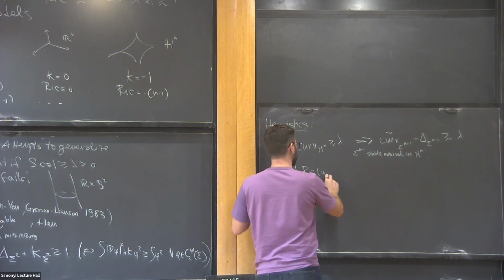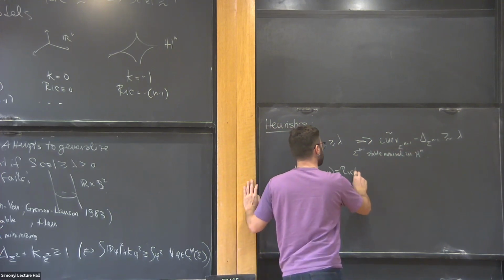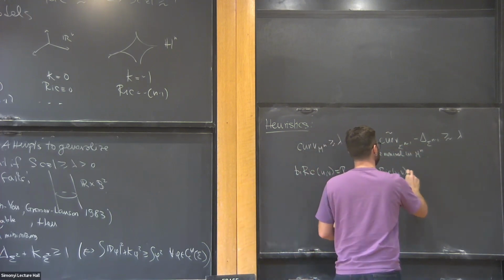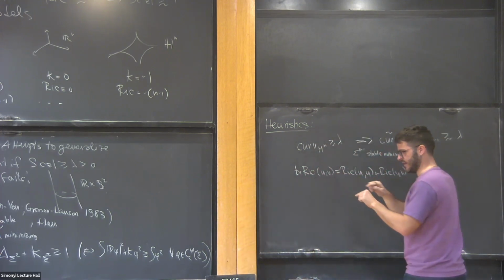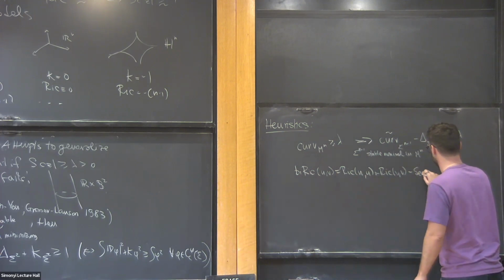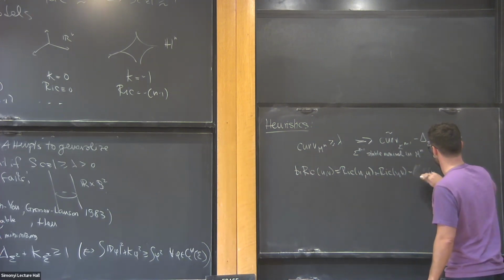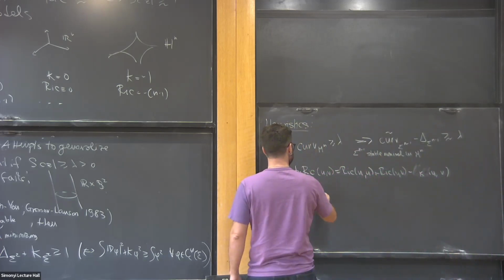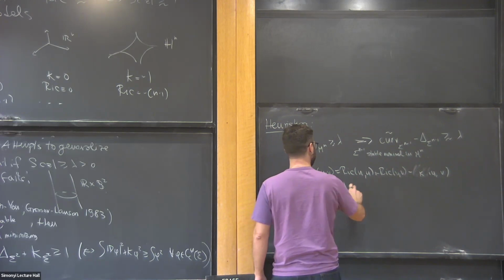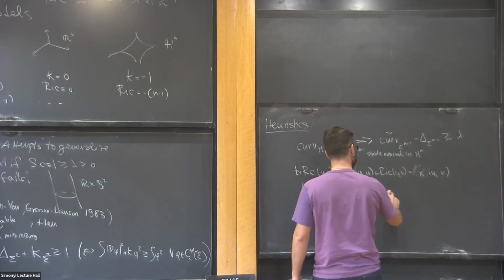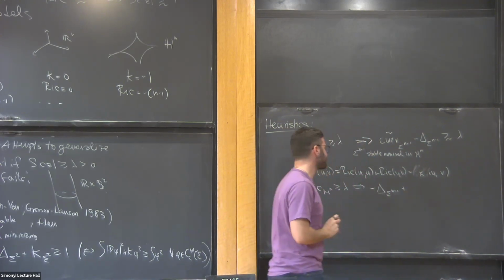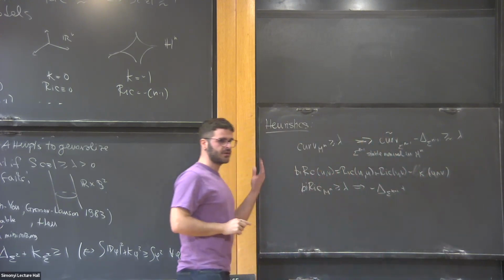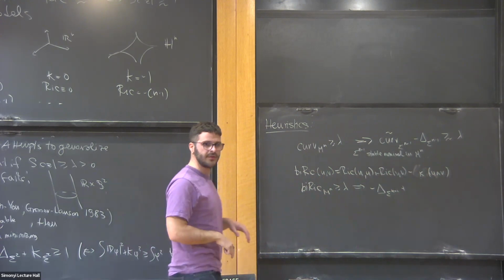The bi-Ricci tensor is just you sum the sectional curvature of the planes containing U and V. K UV is the sectional curvature of the two planes.